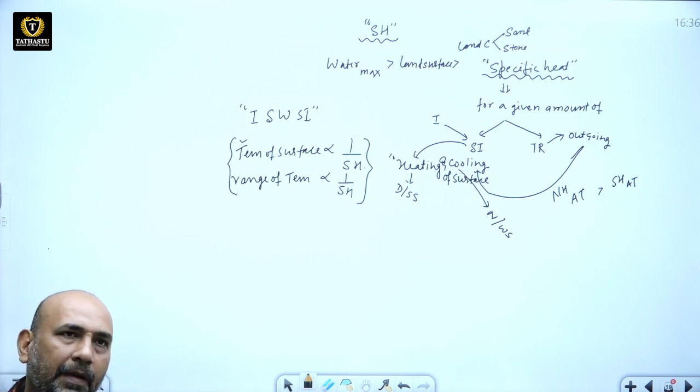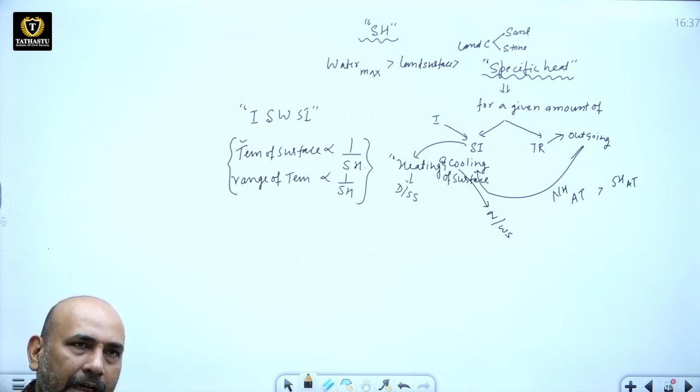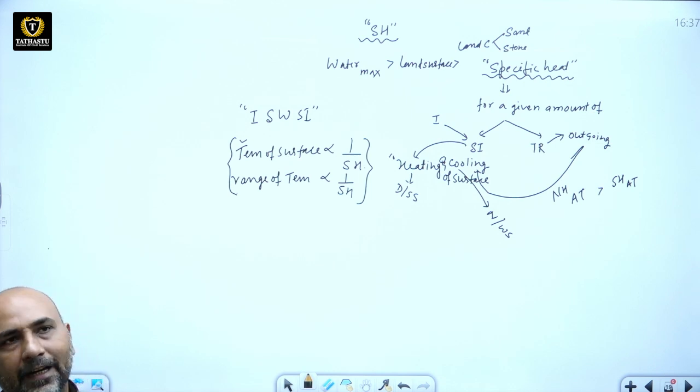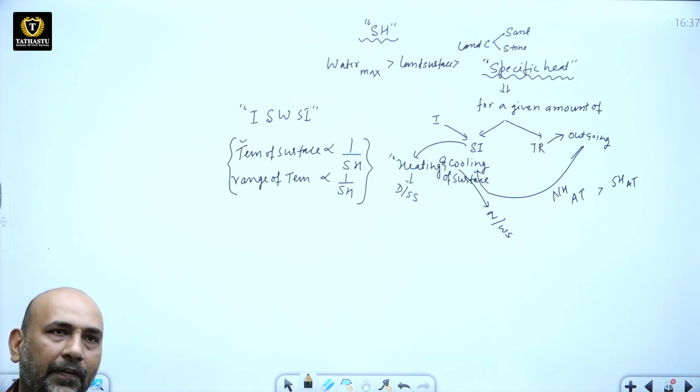Like Chennai and Hyderabad, same latitudinal zone, which is going to have more fluctuation? Hyderabad. The deeper we go inside the continents, the more fluctuation in temperature there is going to be. That is called continentality. Delhi has a reflection of continental climate.